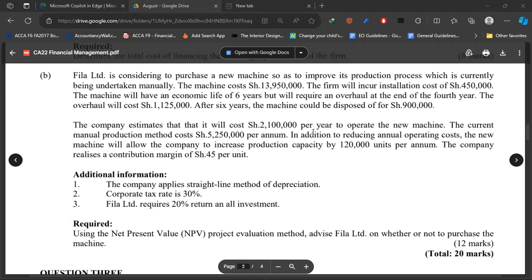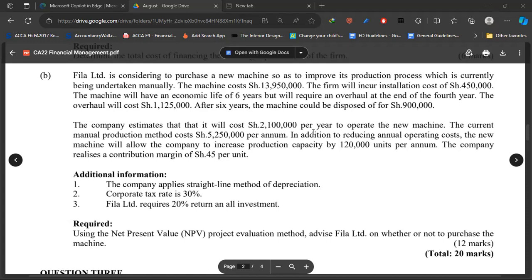Okay. There is a question which I saw some of you attempted, which is a good move. The question for 2016 somewhere. But I saw some few elements which you were not able to get right. There is a question based on the computation of the tax gain or loss.